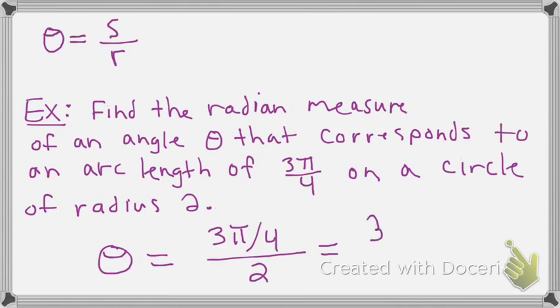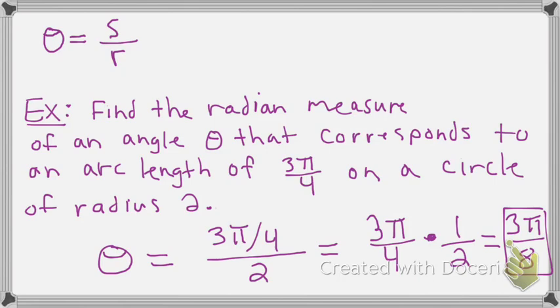Dividing by 2 is the same as multiplying by the reciprocal 1/2, and we end up getting 3 pi over 8. So on the circle of radius 2, if you've rotated by an angle and end up with an arc length of 3 pi over 4, then the angle in radians has to be 3 pi over 8.